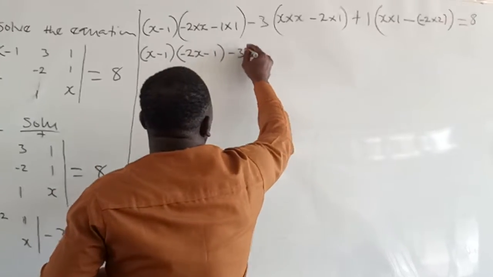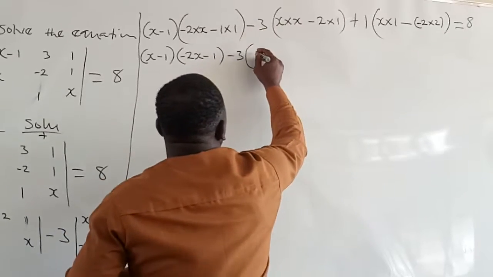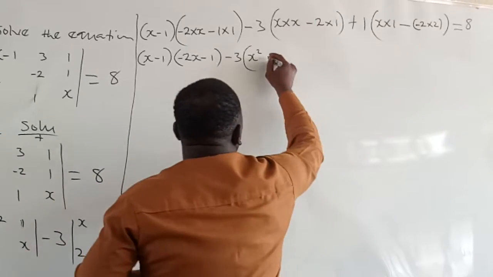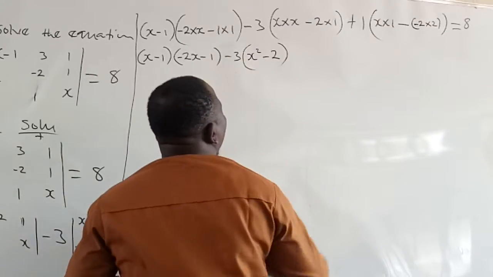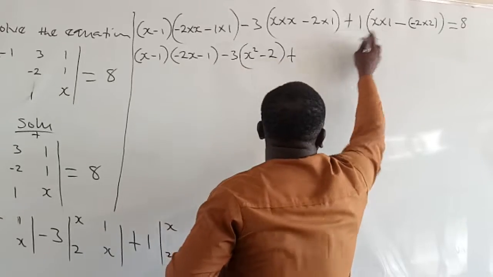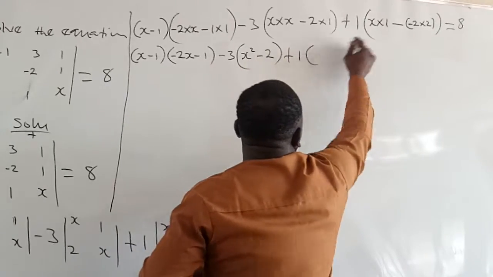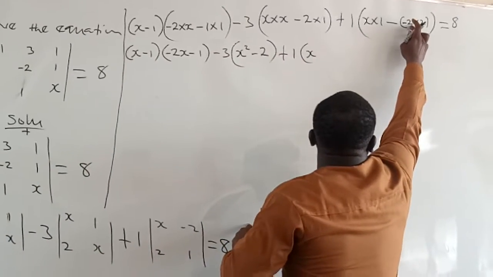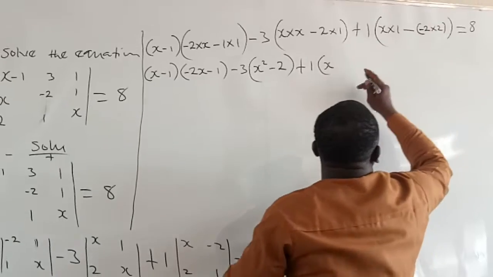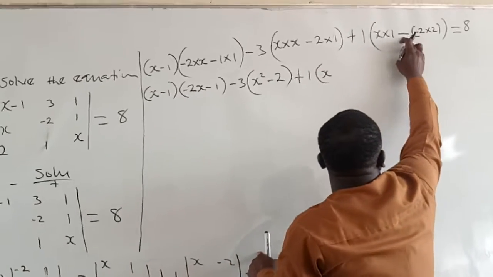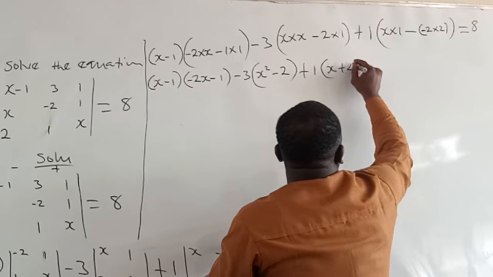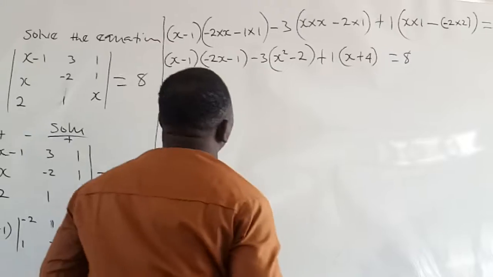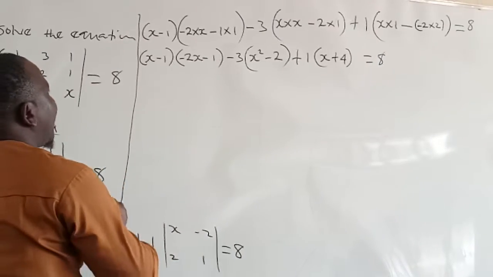Then minus all in bracket x times x, x squared, minus 2 times 1 gives minus 2, plus x times 1, all in bracket, x times 1 will give us x, then minus minus 2 times 2 will give us minus 4. Then use it to multiply this minus, it's going to give us plus 4. Then this is equal to 8. So let us multiply out this bracket.